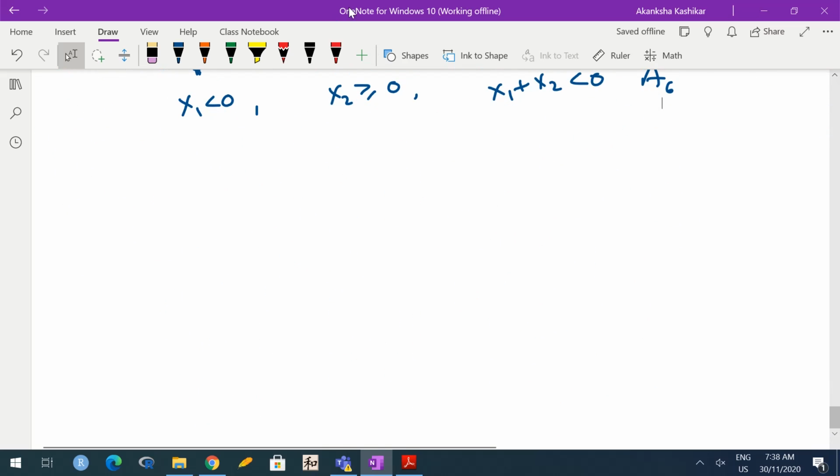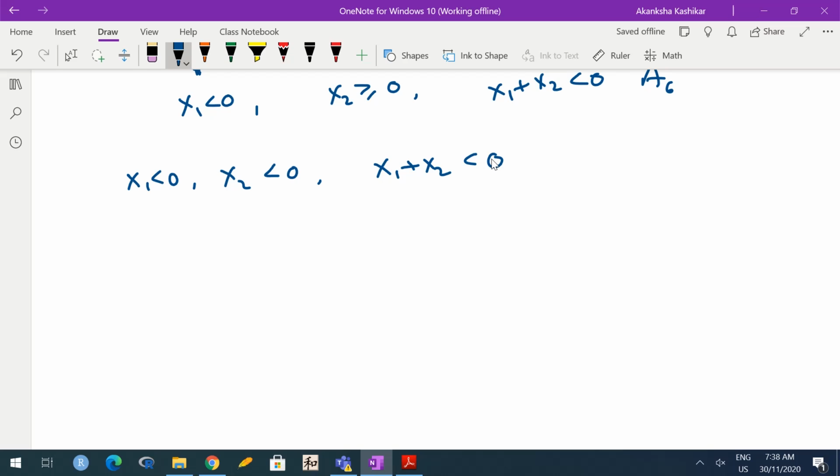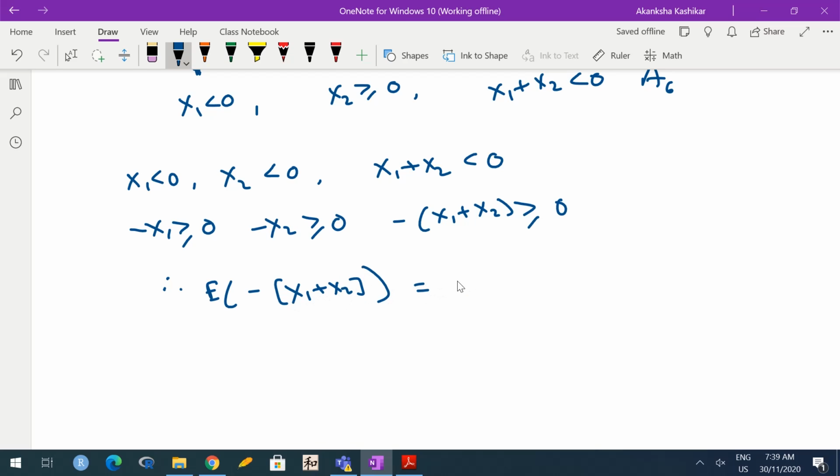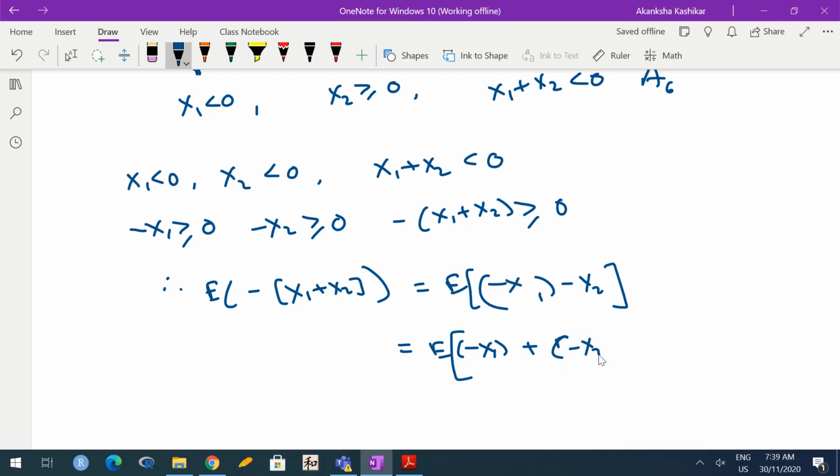On A2, everything is negative. So let us consider that case. x1 is negative, x2 is negative and x1 plus x2 is also negative. Now, x1 negative means minus x1 is positive, minus x2 is positive and minus of x1 plus x2 is positive. So using the result for positive variables, I can say that expectation of minus of x1 plus x2 is expectation of minus x1 plus minus x2.